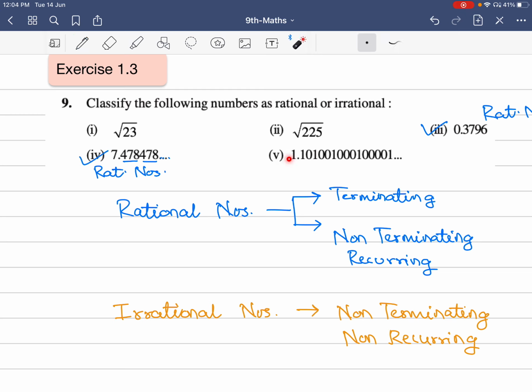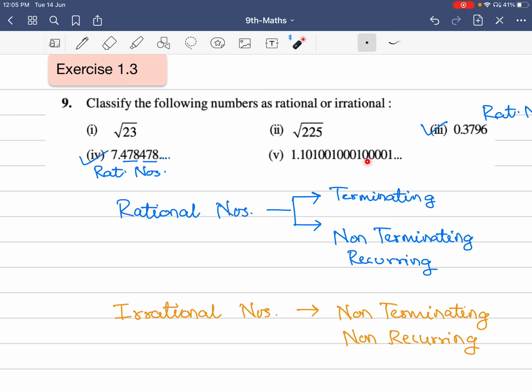Now let's focus on the fifth one. As you can see, it's non-terminating. It's either recurring or non-recurring, and depending on these two, it will be either rational or irrational. Now let's see if it's recurring. Can you find some pattern which repeats after some time? No. This is 10, then 100, then 1000, then 10,000, and so on. There is no way we can find a group of digits which repeats after the decimal point.